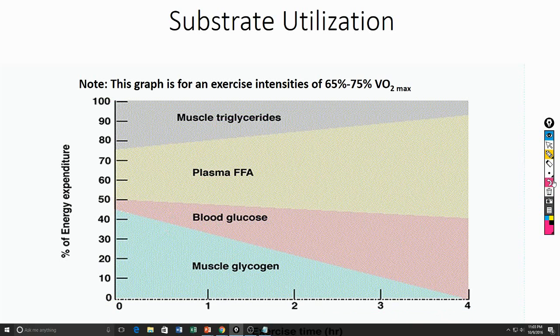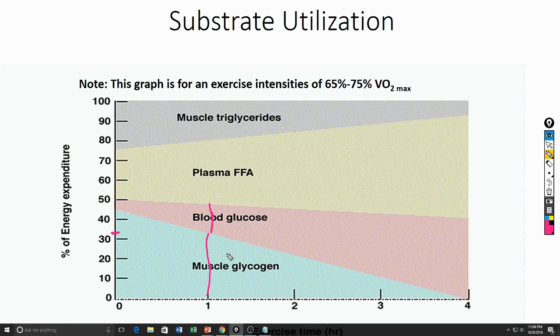Okay, so as we go along, in 1 hour, we've gone from 45% to maybe 35% of muscle glycogen. Blood glucose is double, maybe a little bit more.